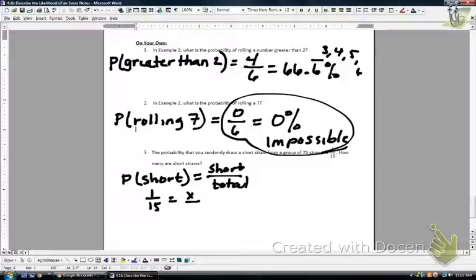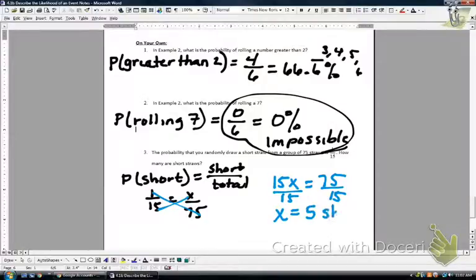Short straws is what I'm trying to find. There's 75 total. I'm going to cross the equal sign and multiply. Divide both sides by 15. 75 divided by 15 is 5. There are 5 short straws.